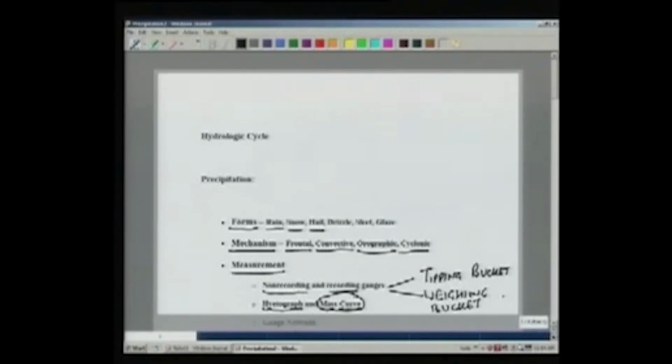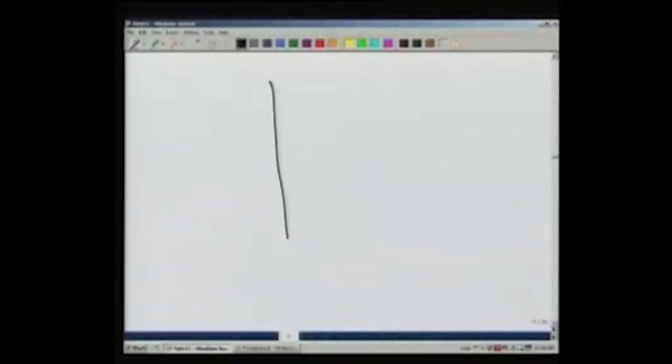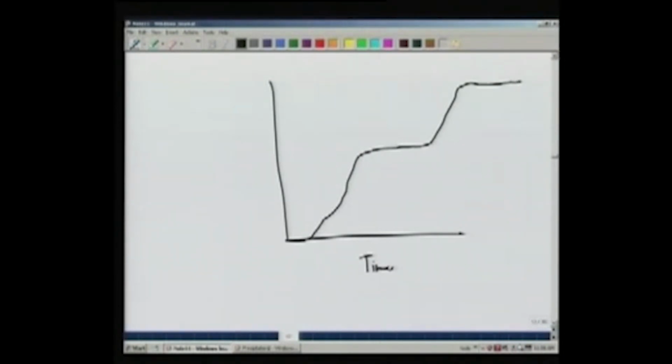as the rain falls on the bucket or on the rain gauge, it gets collected and a signal is sent immediately to record how the weight is increasing with time. So what we get is a directly mass curve of rain which would look like this.